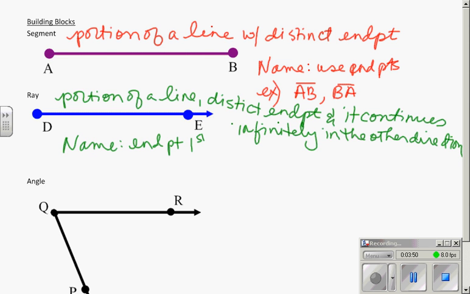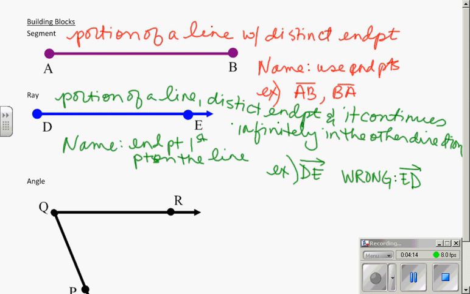We always start with the endpoint, and then we pick another point on the line in the direction we want to go. So for example, this ray would be ray DE, starts at D and continues in the direction of E. It would be wrong to put ray ED.